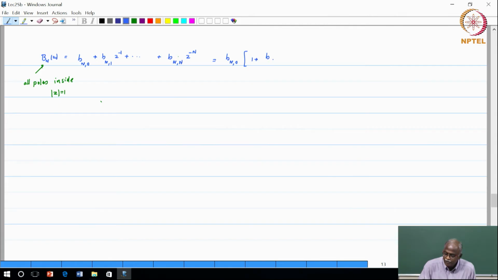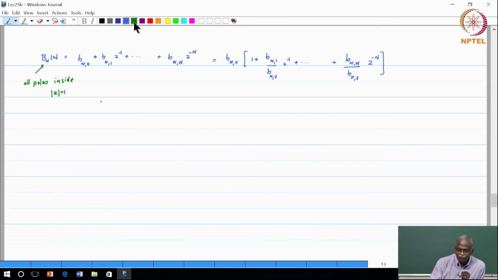This becomes Bn comma 1 divided by Bn comma 0 Z inverse all the way up to the last term, which is Bn comma n divided by Bn comma 0 times Z power minus n.